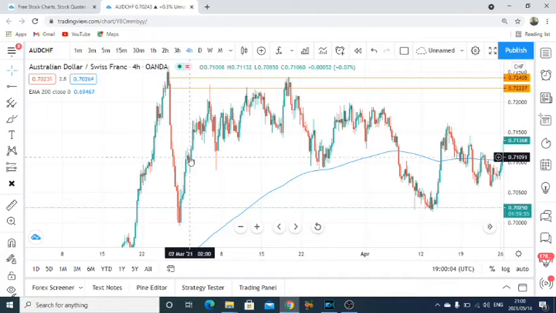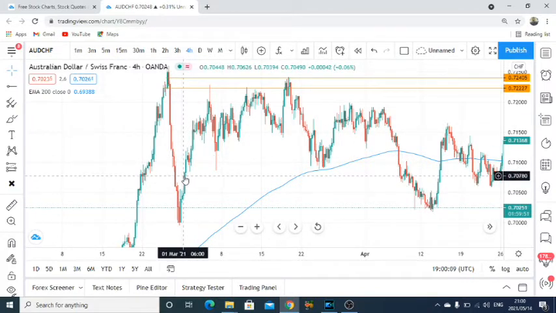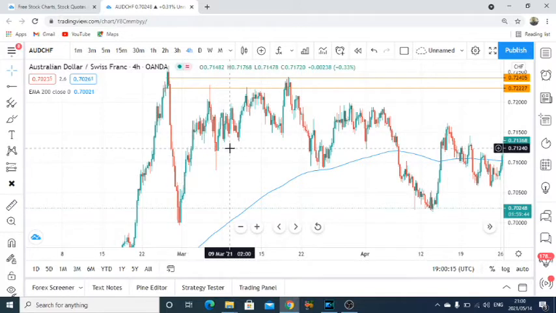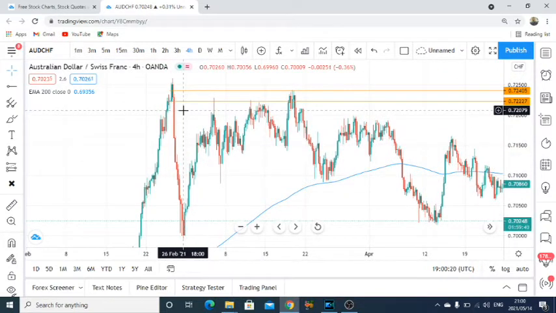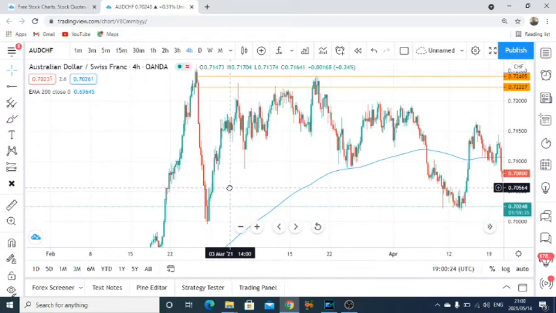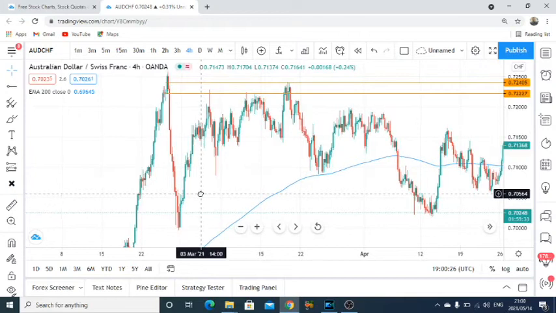What matters here is the move after that order block has been formed. It's the move. Remember that. What really matters here is the move after that order block has been formed.